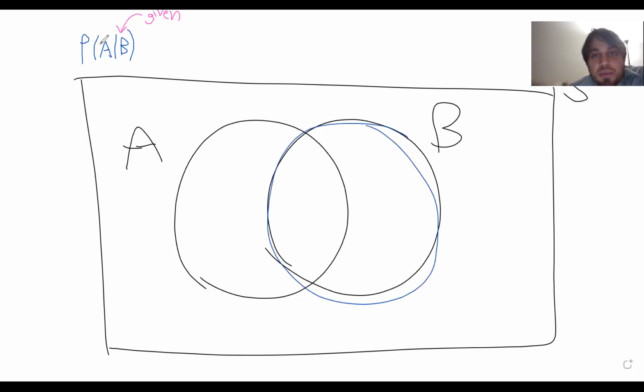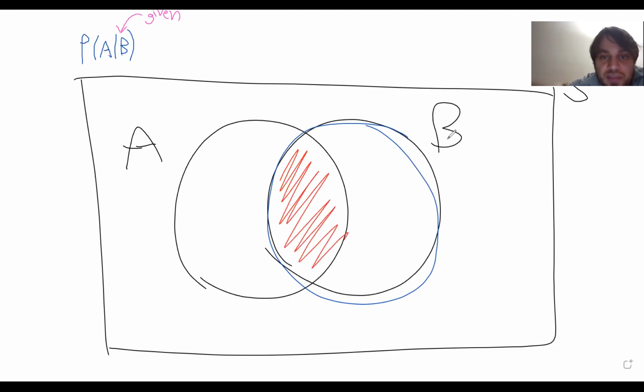Then you're asking, what's the probability of A happening given that B happens?